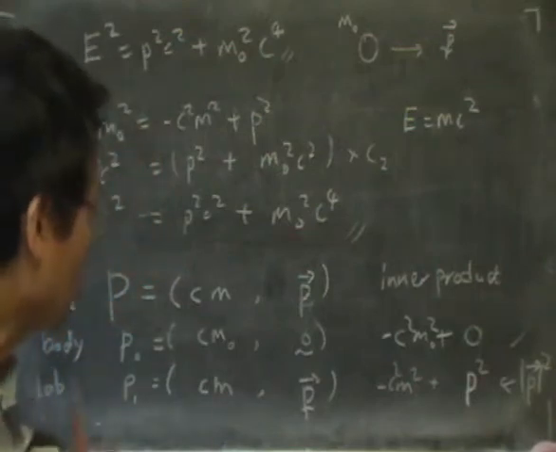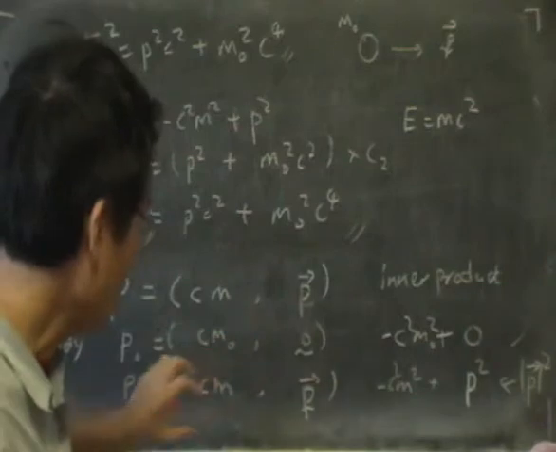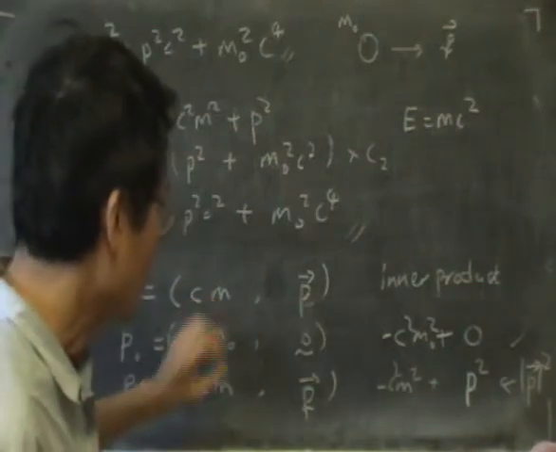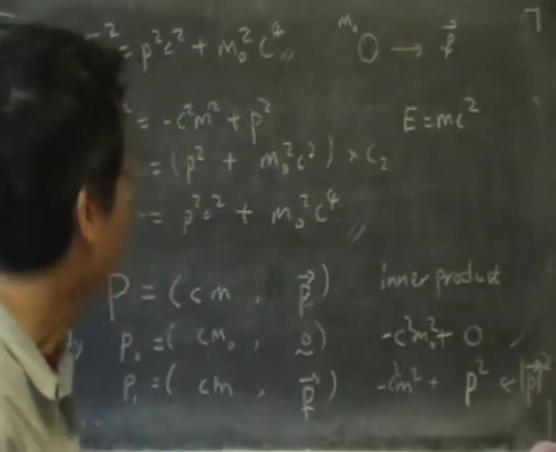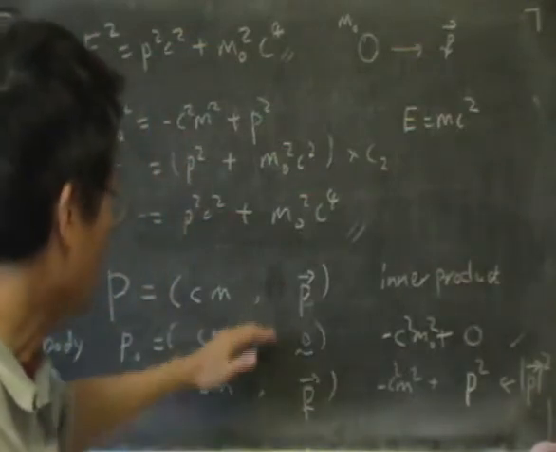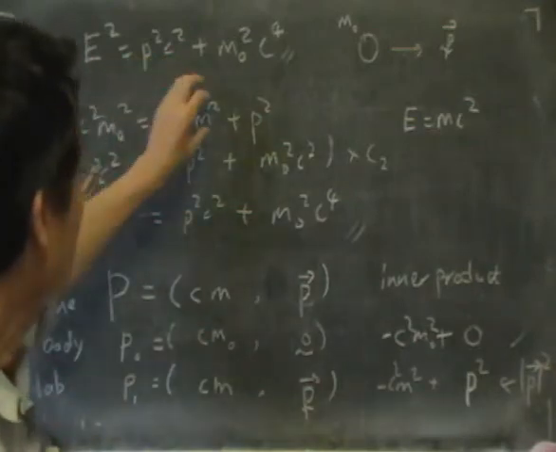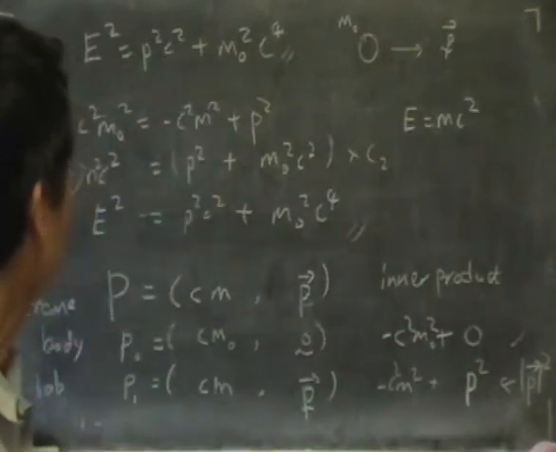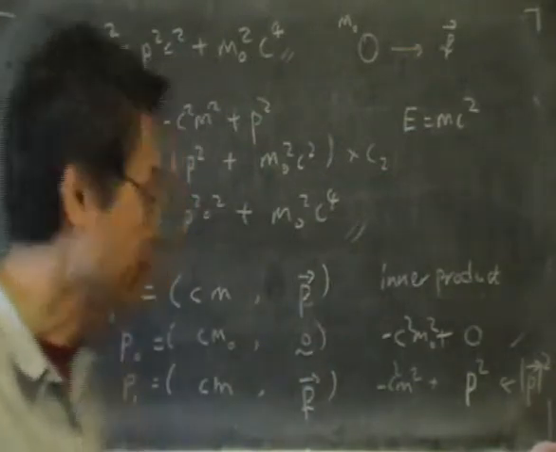And once you get used to this calculation, all you need is to write this down, and you will be able to write down the inner product directly, so that these two steps will be pretty quick. And then it remains to equate the inner products between the two frames, and then to simplify the expression.